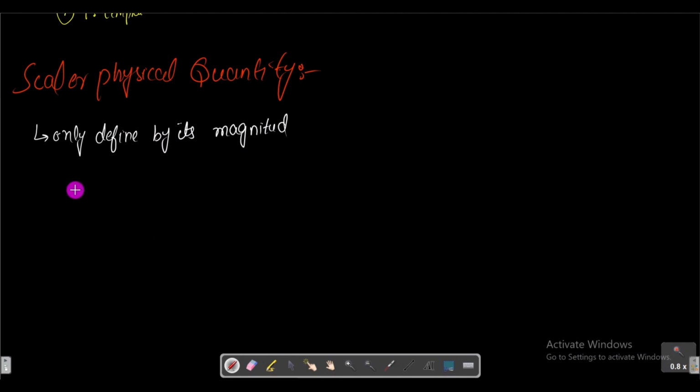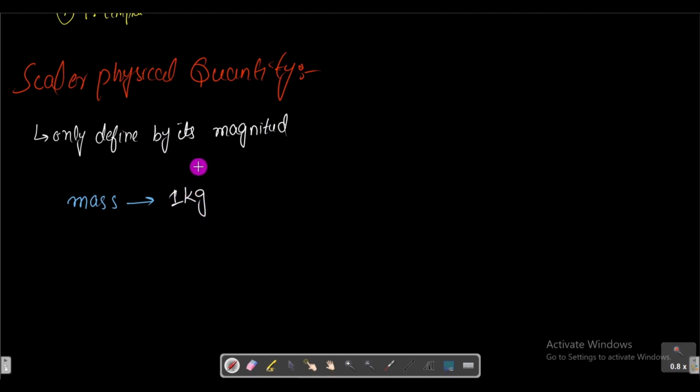Let's say we have mass, and if we buy an object which is 1 kg, is there any direction present?